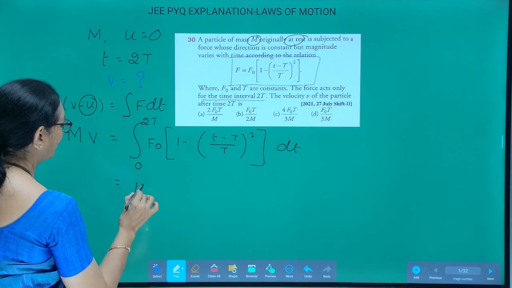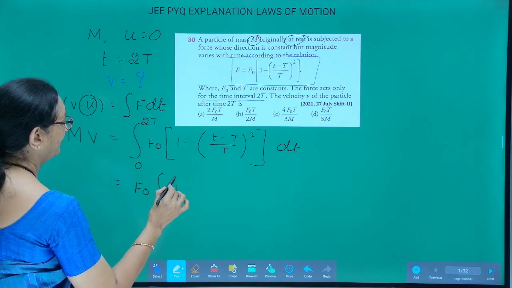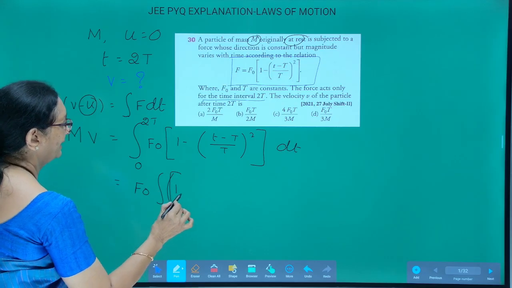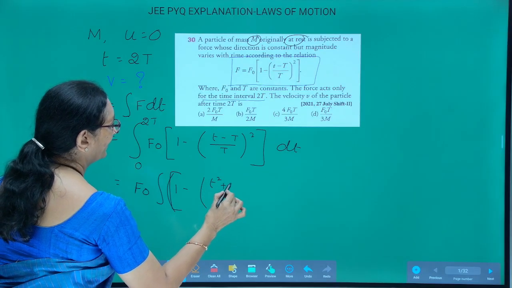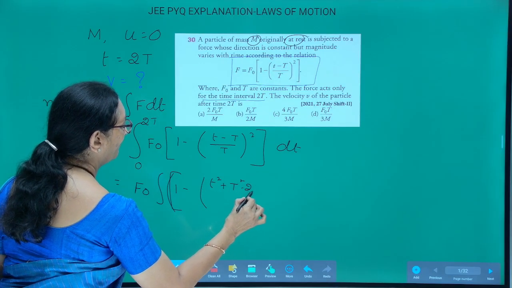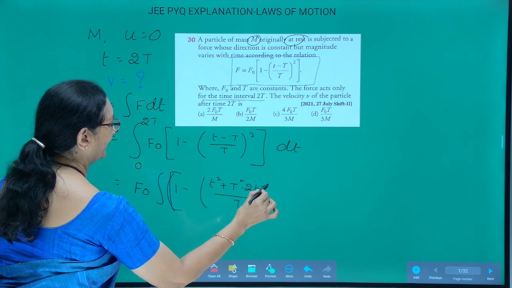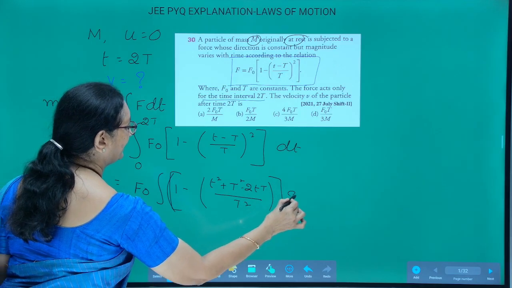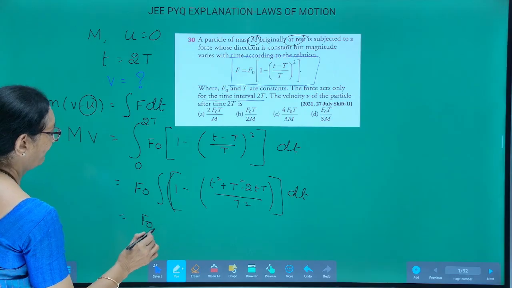So, F0 we can take outside. Expanding this, 1 minus (t square plus T square minus 2tT) by T square, dt, right.